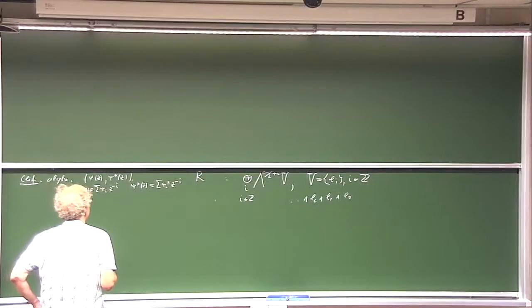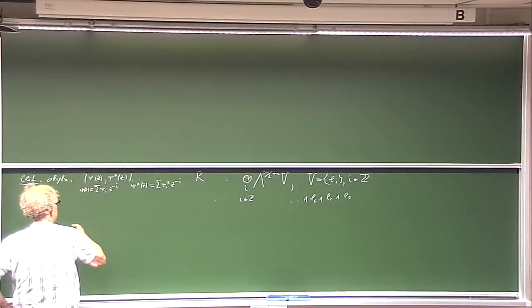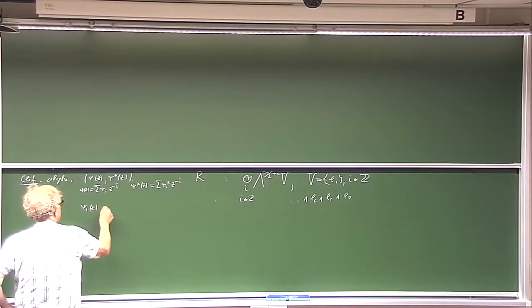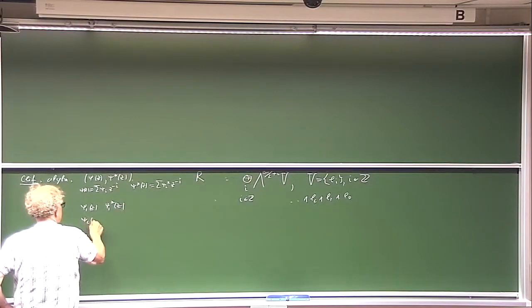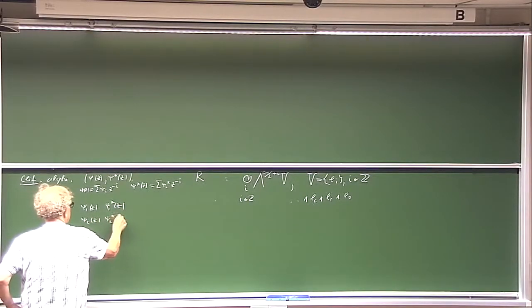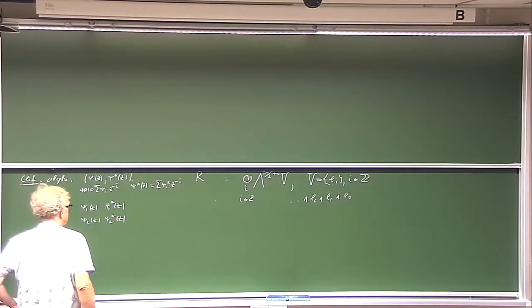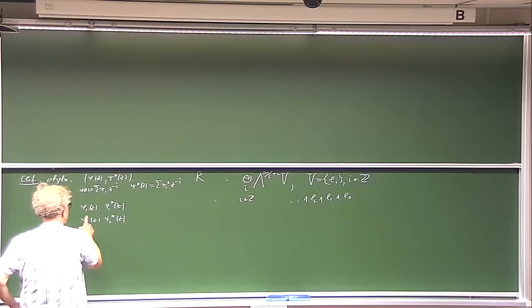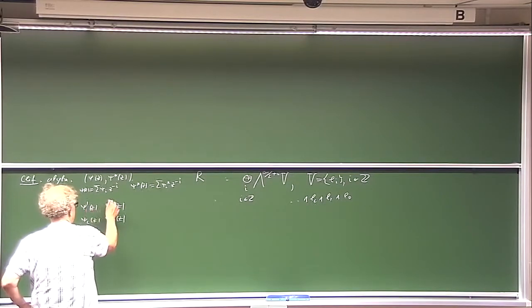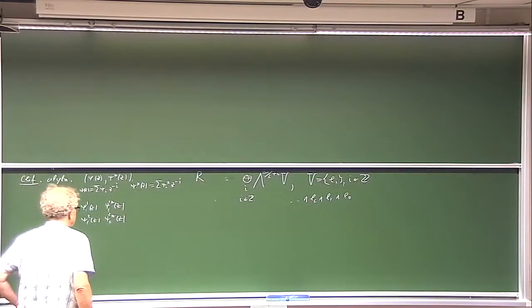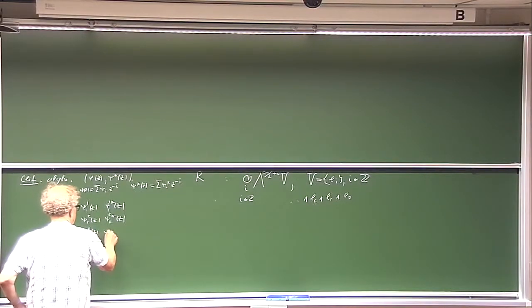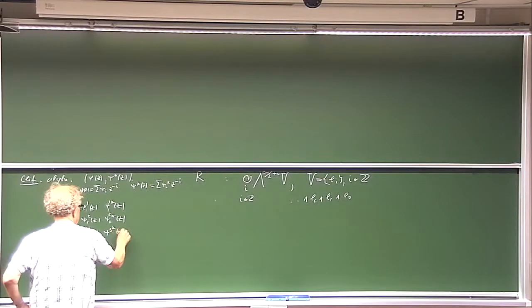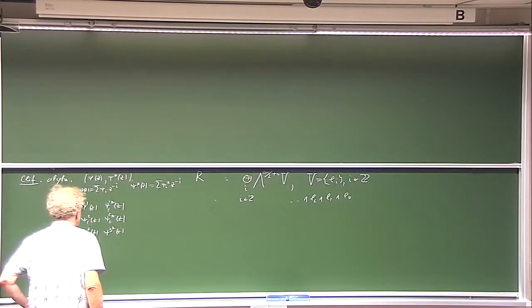The next example was the following: I have two copies of this, psi1(z) and psi1 star(z), psi2(z) and psi2 star(z). Or, for example, psi3(z) and psi3 star(z), and I can take n copies of them.